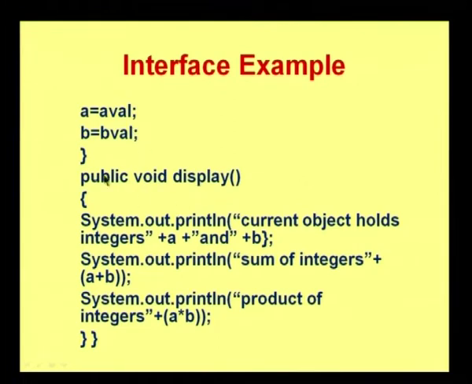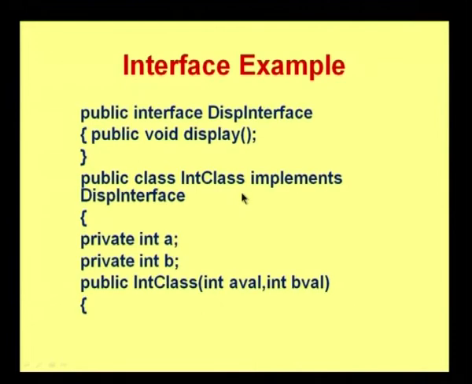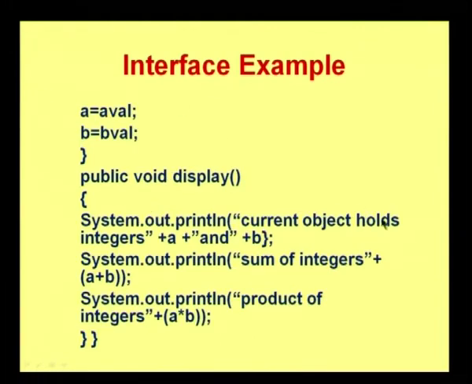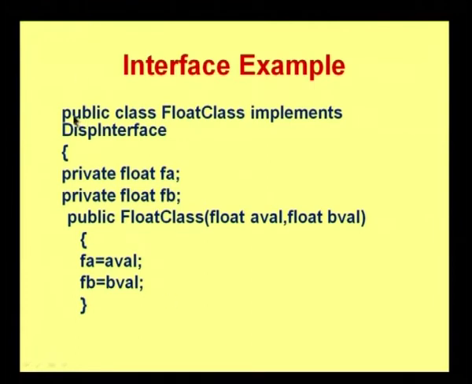This display method is not a method of this particular class. This class has provided the implementation for the method display that is available in the display interface. You can see that here your current object holds integers, and then we have given the sum of integers and all the other options. Again, we have another class, public class float, which implements the same interface.